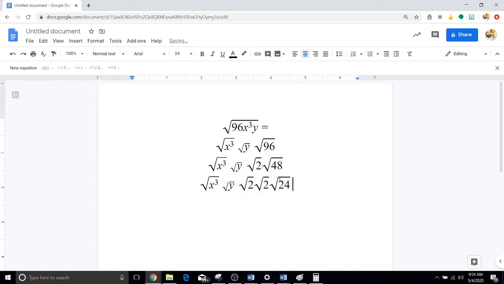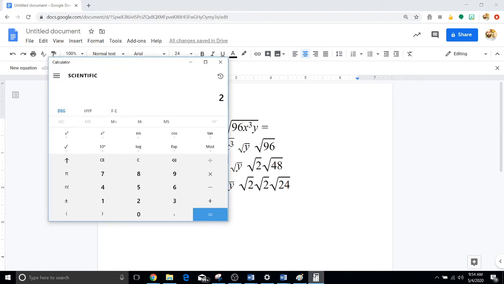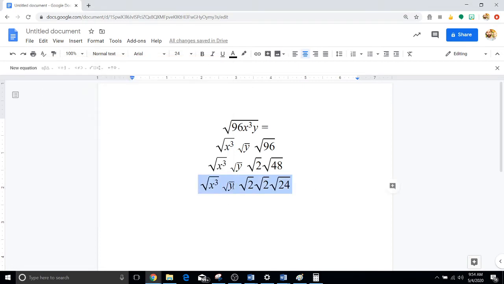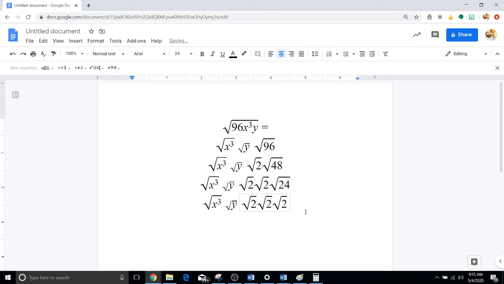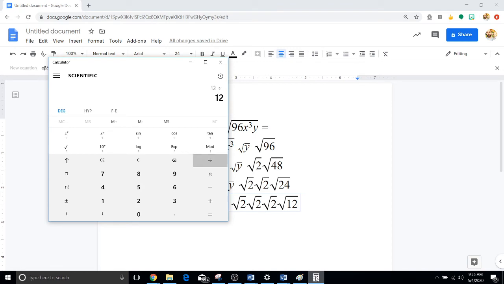24 is also even, so we can divide that by 2 and get 12. You guys get the idea. We bring this to the next line, and turn this 24 again into a 2, and put the root of 12, since 24 divided by 2 is 12. Well, 12 can also be divided by 2, giving us 6.